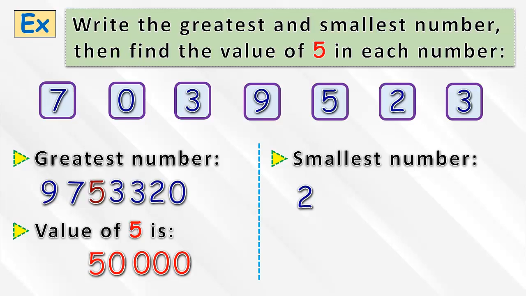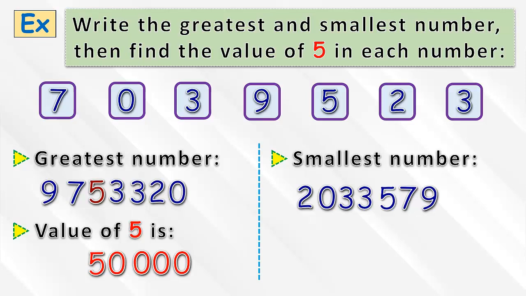Then we will write the number 0 to the right of it like this. Then we will write the number 3. And then we will write the number 3 once again. After that, we write the number 5. Then the number 7. And the last thing we will write is the number 9.